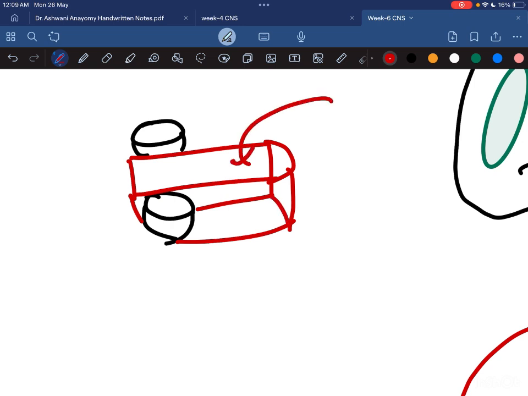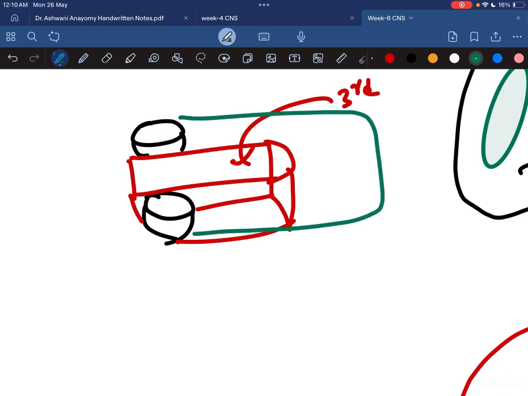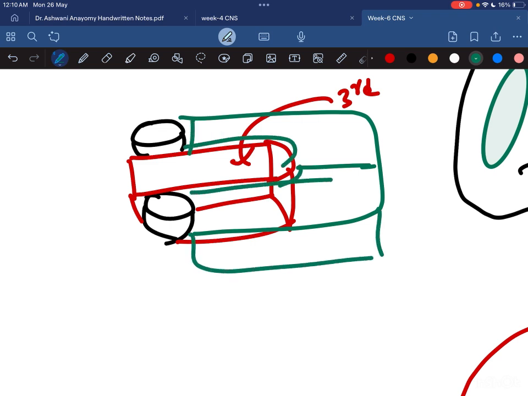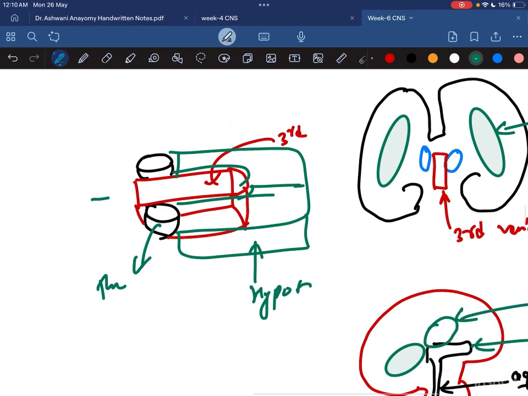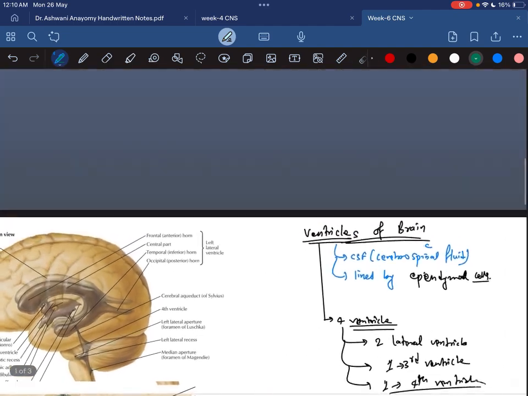This cavity is known as the third ventricle, and on both sides there is the hypothalamus, with the thalamus surrounding it. This is the region where the third ventricle is located.